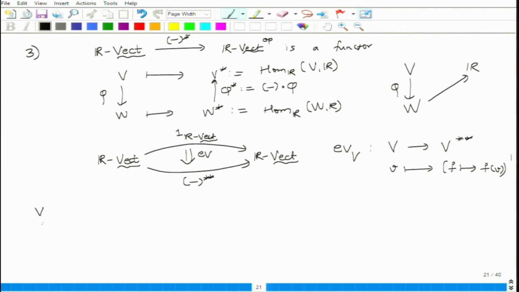We have to start with a map, I am just going to call it phi, and then corresponding to that I have a map here from V to V double star, and here I have W to W double star, and here I have map phi, and here I have map phi double star. Here I have evaluation at V and evaluation at W, and I have to show that this diagram commutes.